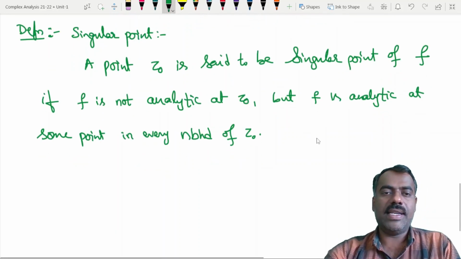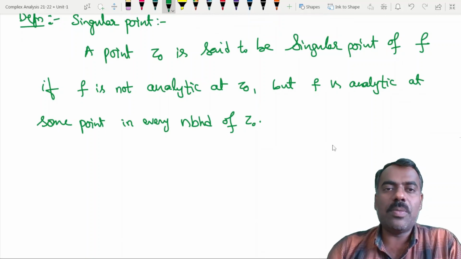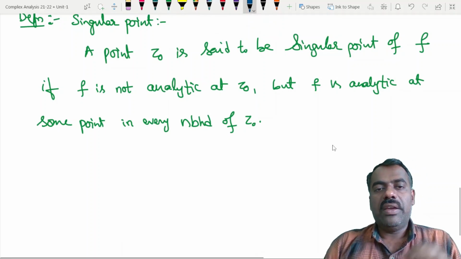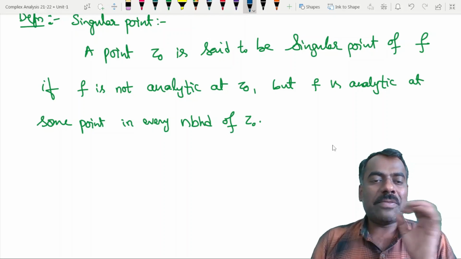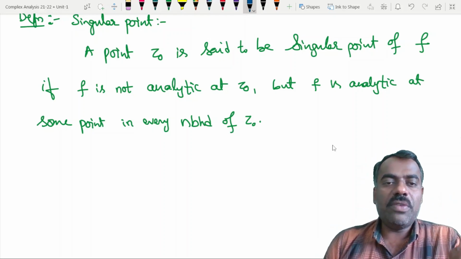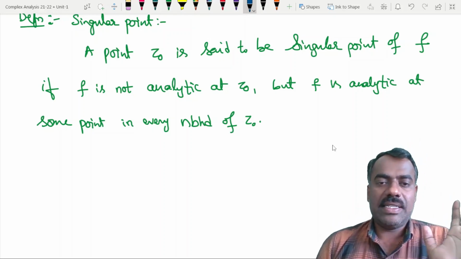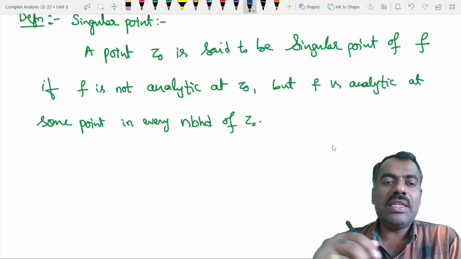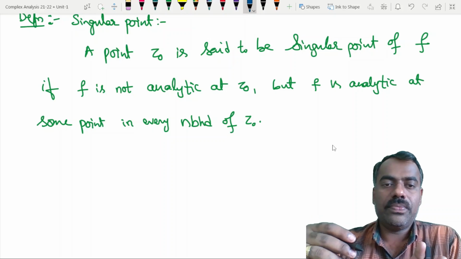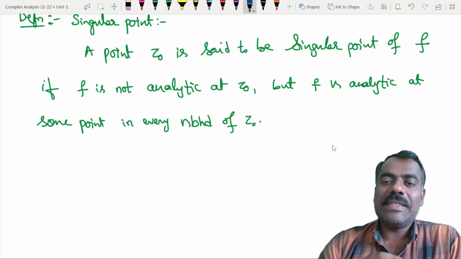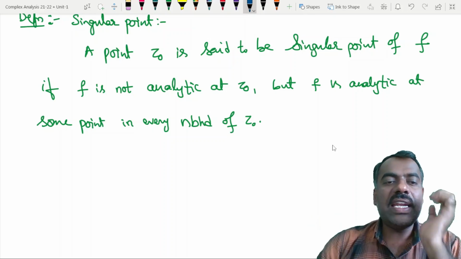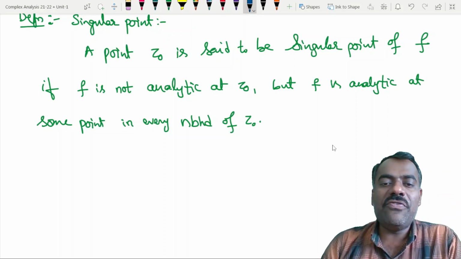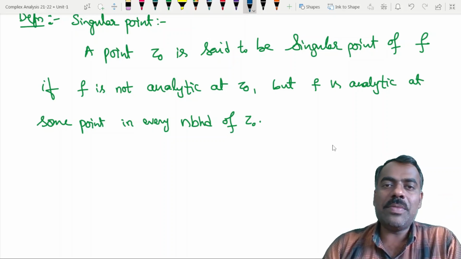So let's understand again what is meant by a singular point. First of all, f should fail to be analytic at z naught. That means there is no neighborhood where it is analytic at every point. But f is analytic at some point in every neighborhood of z naught. What is the meaning of this?